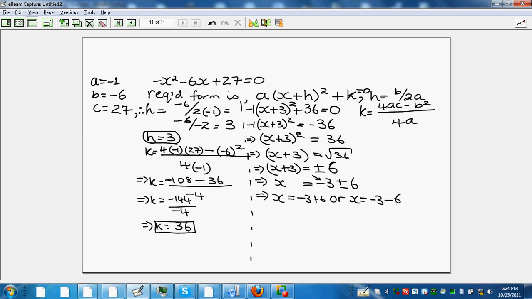What we did is we considered the plus, and then we considered the minus option. So x is equal to minus 3 plus 6, which is 3, or x will be equal to minus 9. And again, it agrees with the other two solutions, the first two, where x was 3 and x was minus 9. So it all works out as we would like it to.